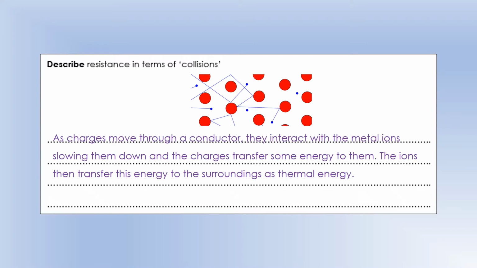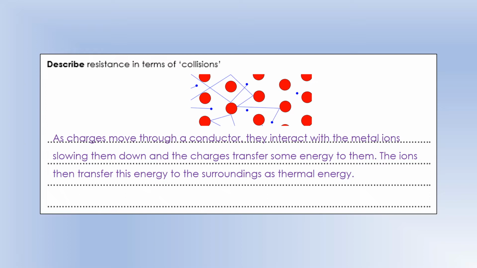As the free electrons move through a conductor, if we've produced free electrons, that must mean there are positive metal ions left somewhere else. These are all locked together in what's called a lattice or a structure.